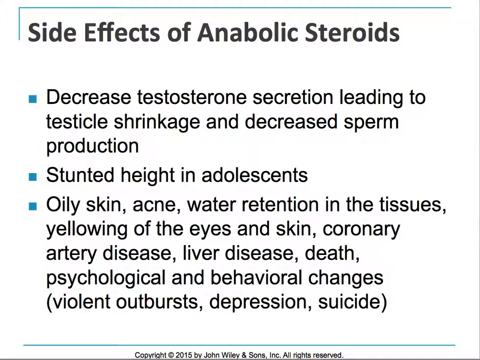Anabolic steroids can also lead to stunted height in adolescence, as well as oily skin, acne, water retention in the tissues, yellowing of the eyes and skin, coronary artery disease, liver disease, death, psychological and behavioral changes, including violent outbursts and increased risk of depression and suicide.